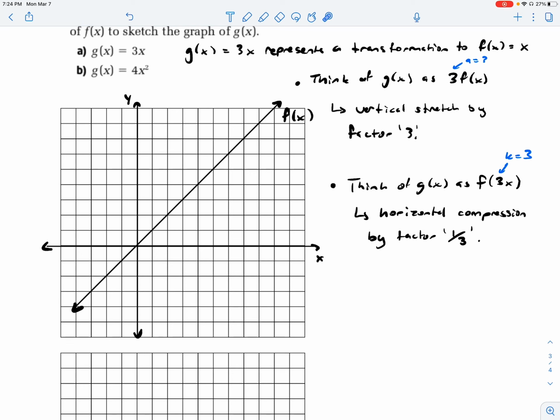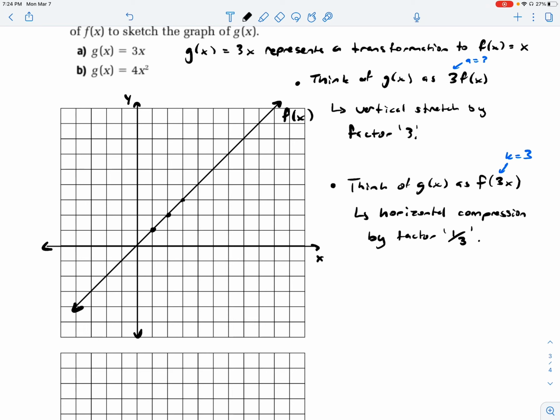And now we're going to apply the transformations to get g of x. So if we take this first approach to think of g of x as 3 times f of x, that means we're going to look at this as a vertical stretch, and a is 3. If we do that, we have to multiply all the y values by a factor of 3.